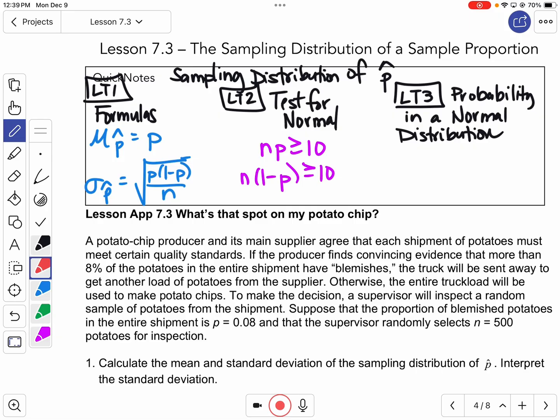We will use our applet, and then we will put in the sample mean and the sample standard deviation, and we'll calculate area. That's what we'll do every time. So those are the 3 things we're going to do today: plug in numbers, do a formula, test for something to be normal, and then use our applet for normal distribution.